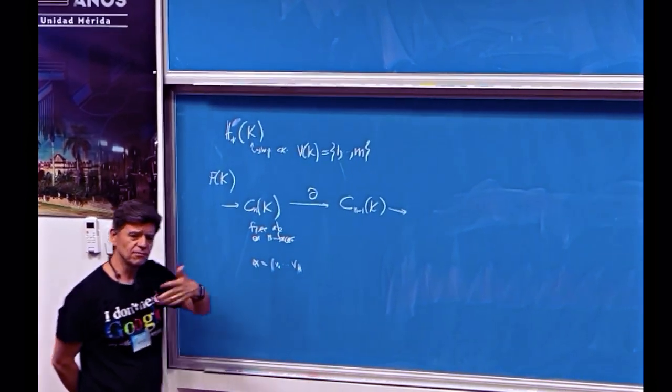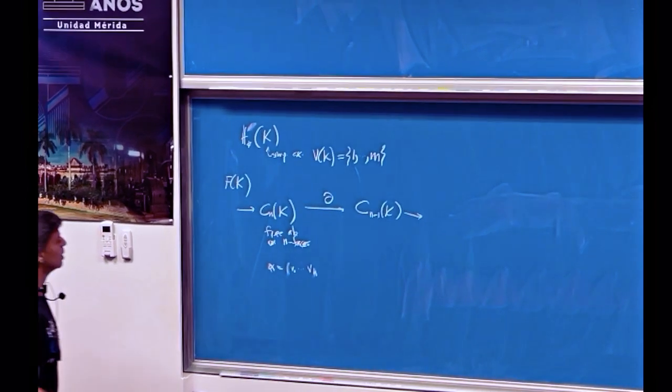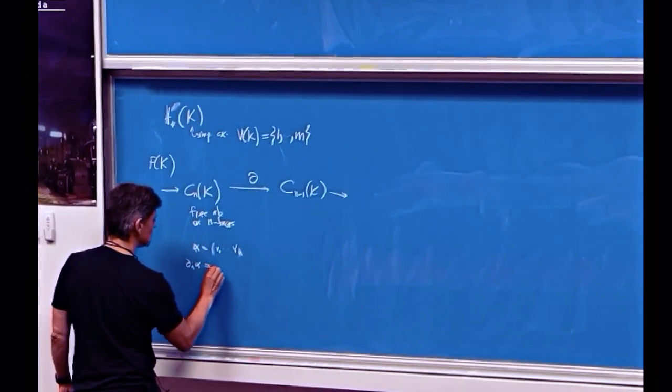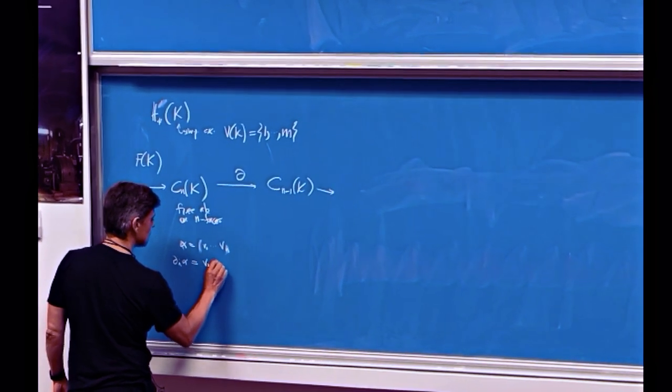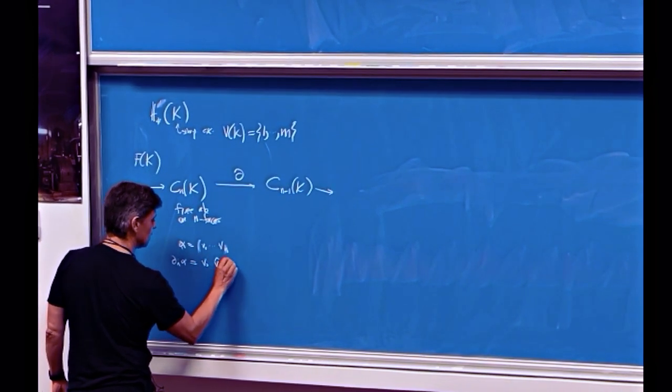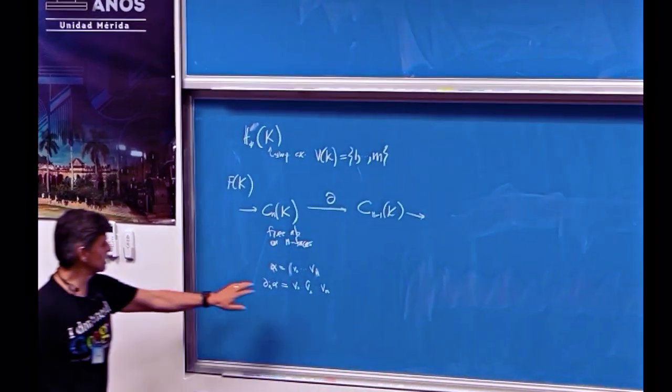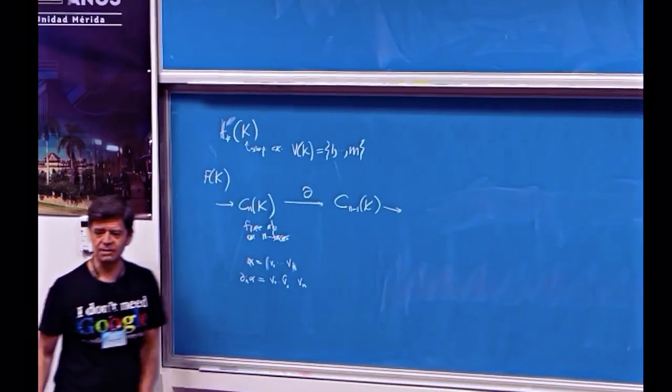So I already have the orientation for free. Now one can define the ith face of alpha to be the same thing, except that I remove the ith vertex, and I take the corresponding orientation. I just preserve this.